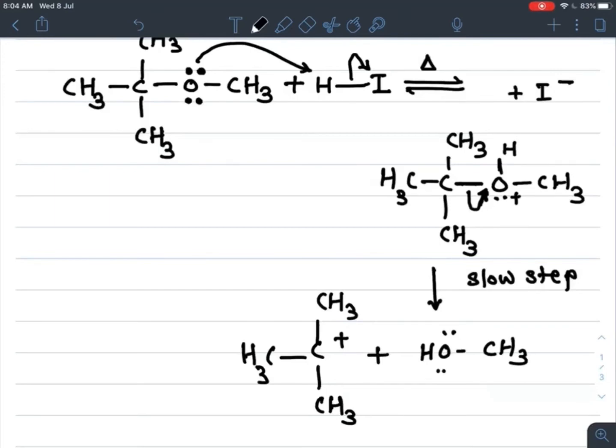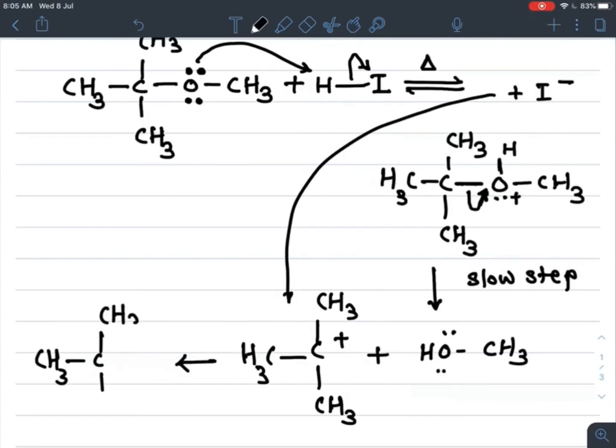Now this tertiary butyl carbocation combines with this I minus present in the solution, and finally it gives the corresponding tertiary butyl iodide. Tertiary butyl iodide is formed.